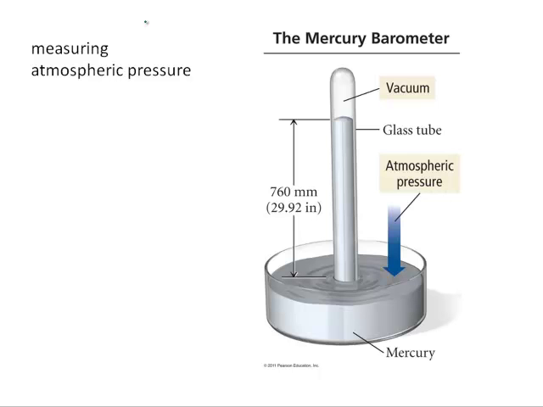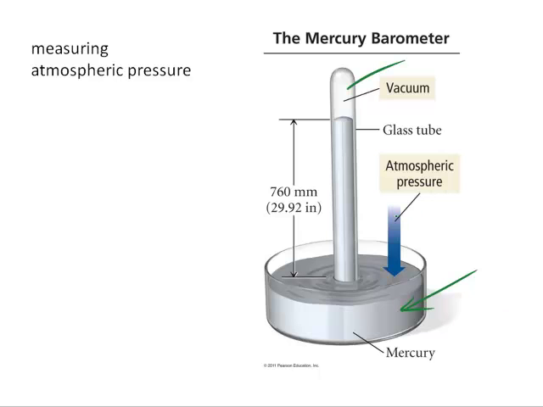They create a pressure on us that we feel every day. One way to measure that pressure was to use an evacuated glass tube, meaning a small glass capillary where they sucked all the air out, and they submerged it in a reservoir of liquid mercury.